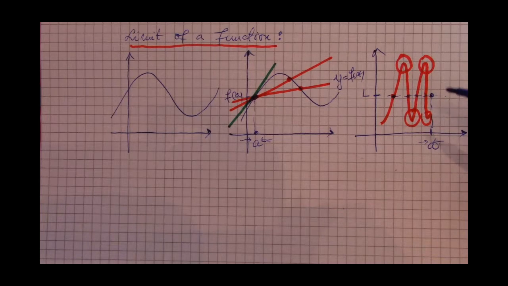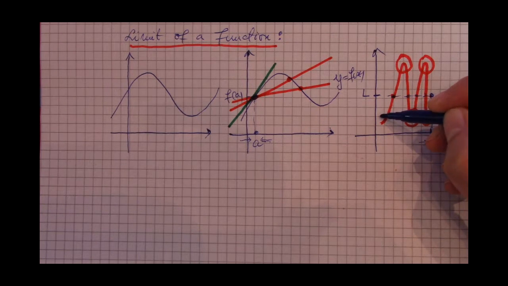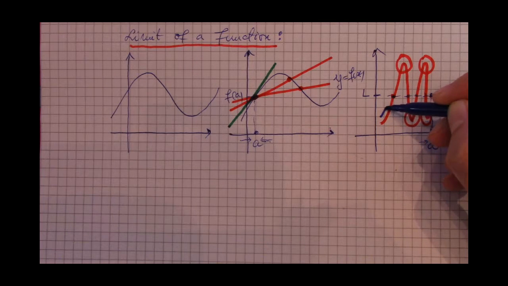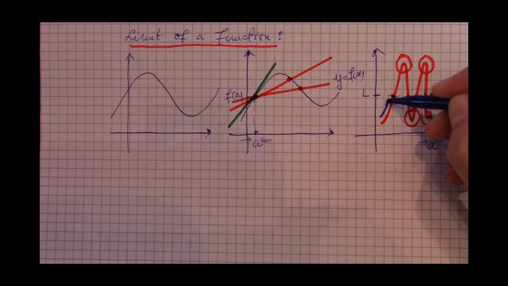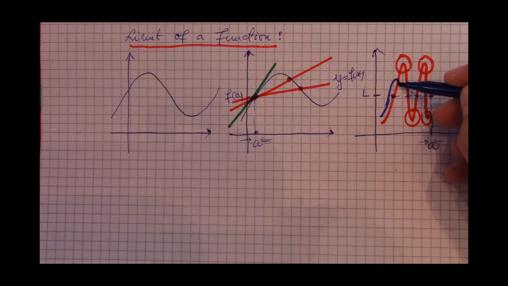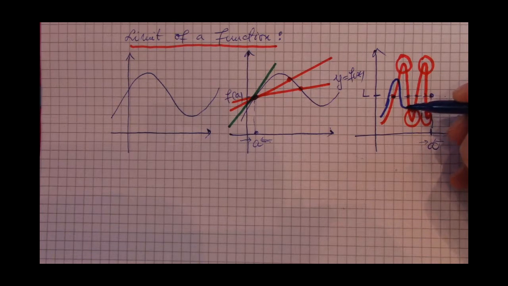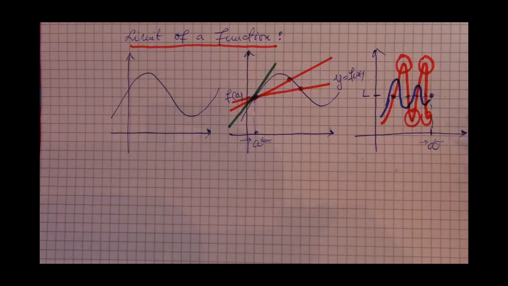Now I'm going to draw another graph in blue, and let's analyze what happens to it. Let's say this graph still goes up, approaches this horizontal line, goes above it, goes down, maybe goes up again and down again. So I still see this oscillating behavior, but that's okay.